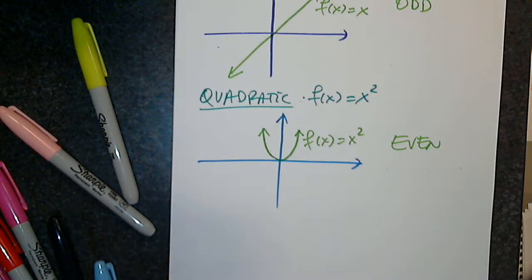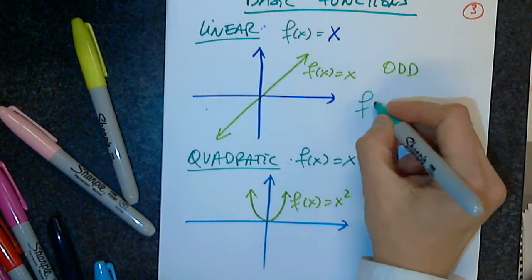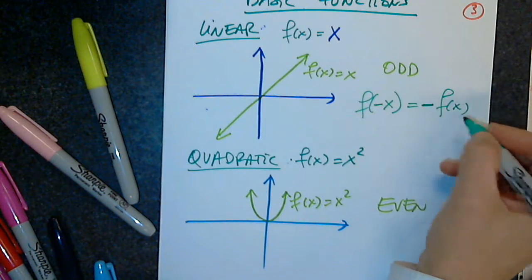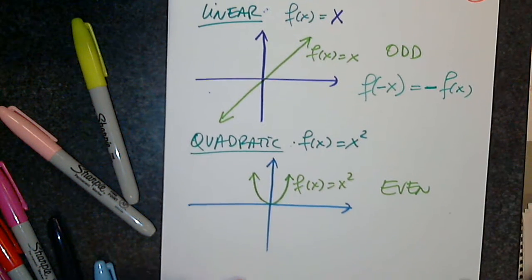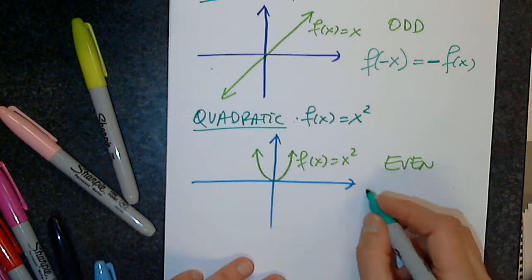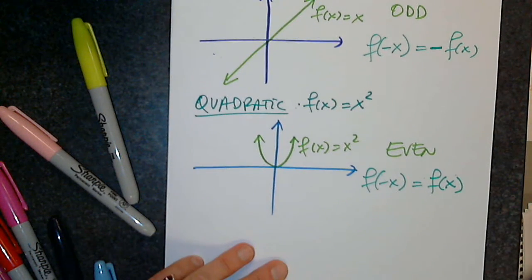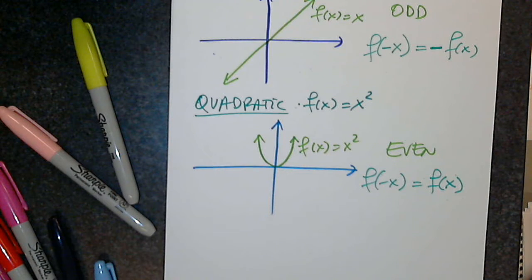And the relationship, one more time: for odd, f of negative x is the opposite of f of x. We proved this some time ago. And for even, f of negative x equals f of x. We'll go back and review that.